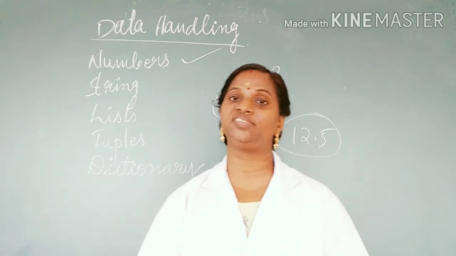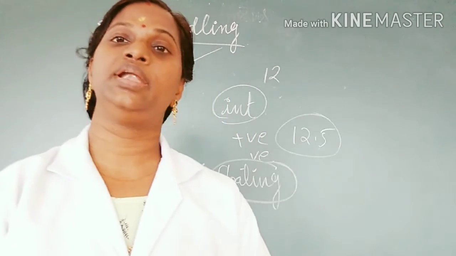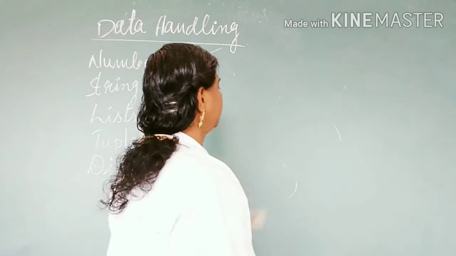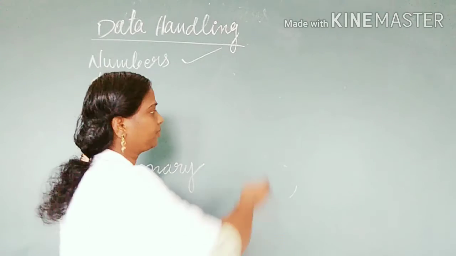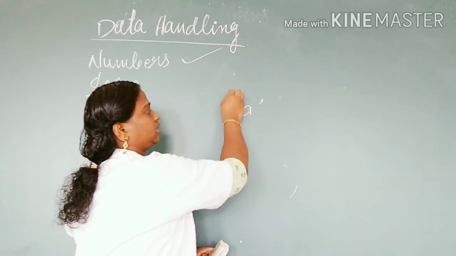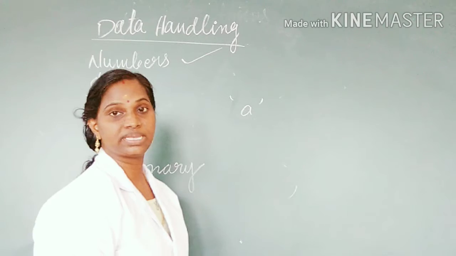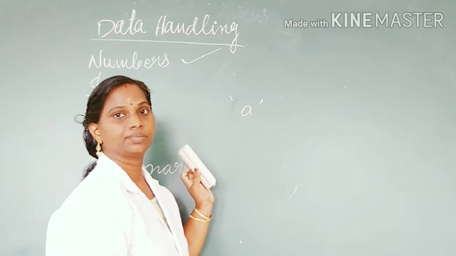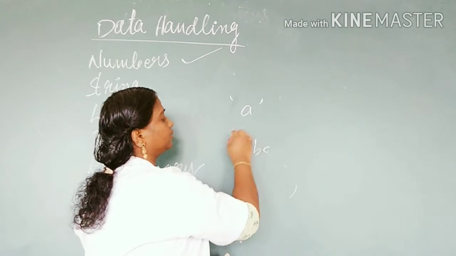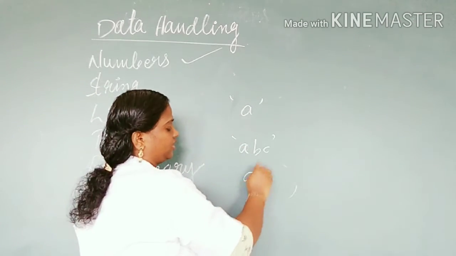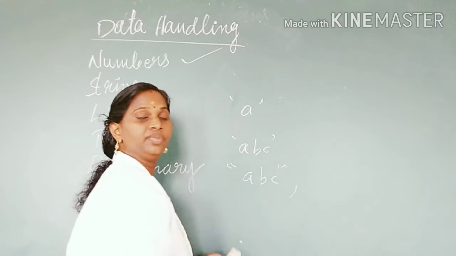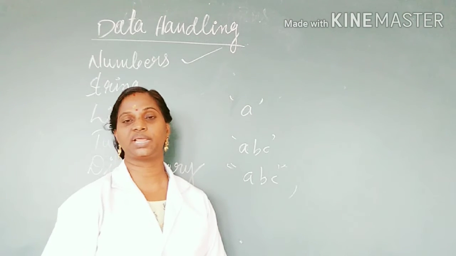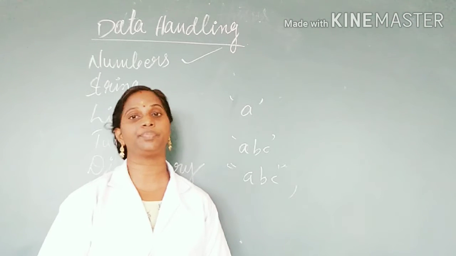For example, A is a character, and it is a string data type. Then ABC, which you can give in single quote or also in double quote. So these are examples of string data type.